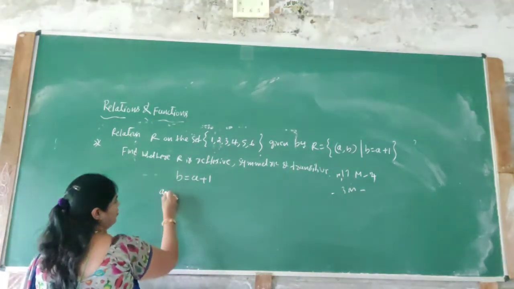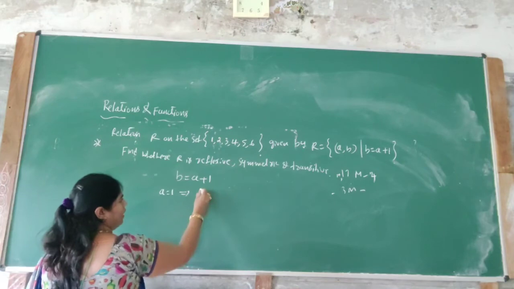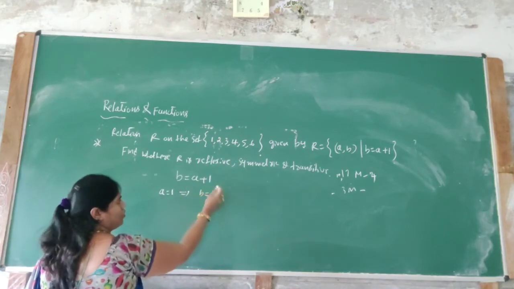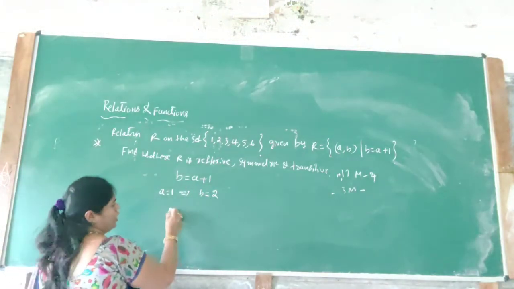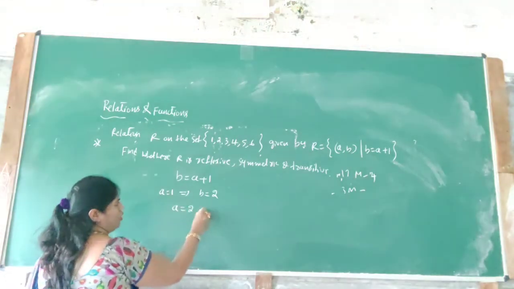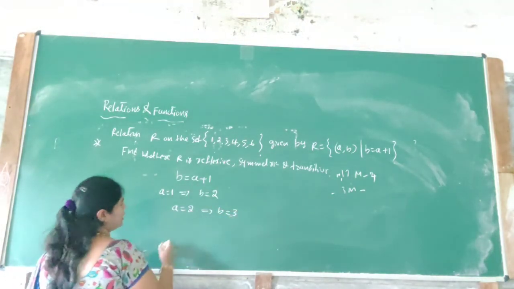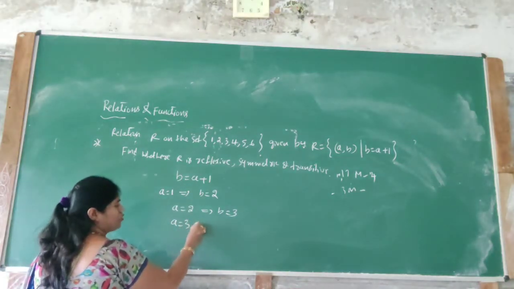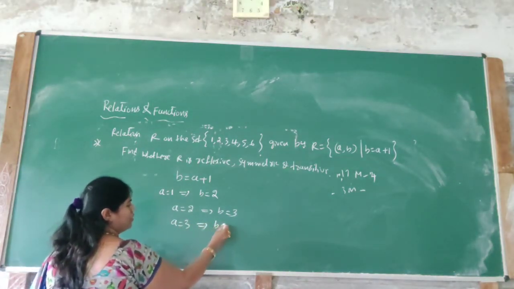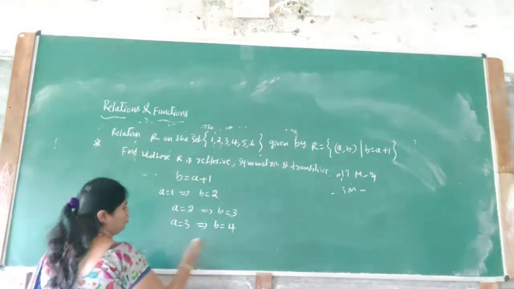So if a = 1, what will be the b value? b = 1 + 1 = 2. If a = 2, what will be the b value? b = 2 + 1 = 3. If a = 3, what is the b value? b = 3 + 1 = 4.